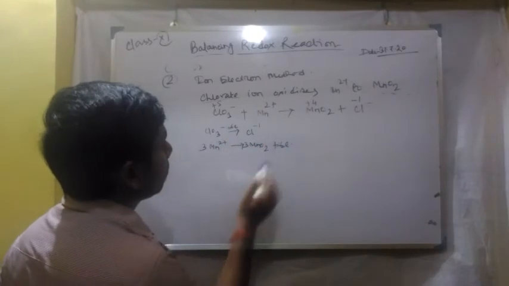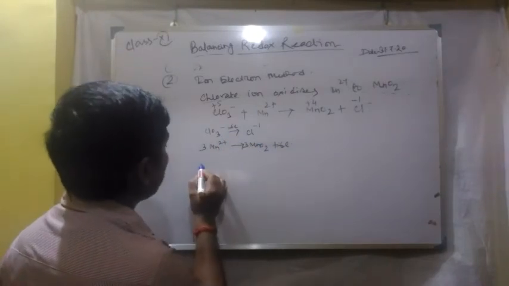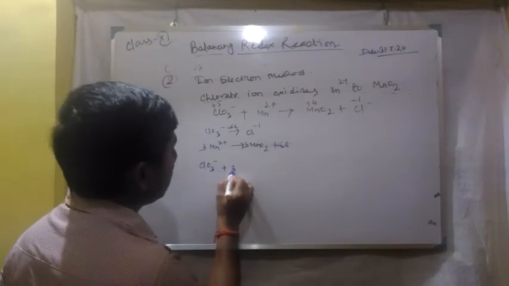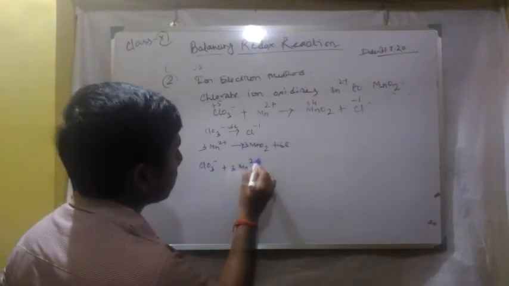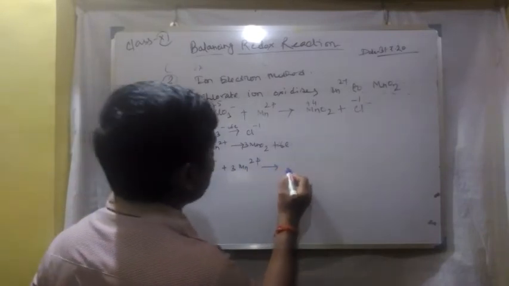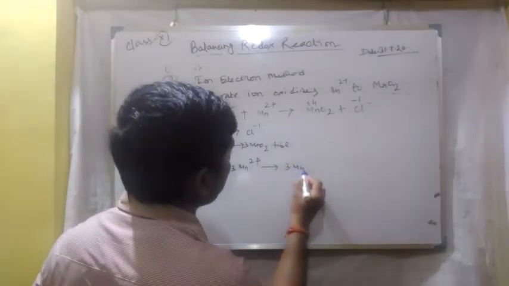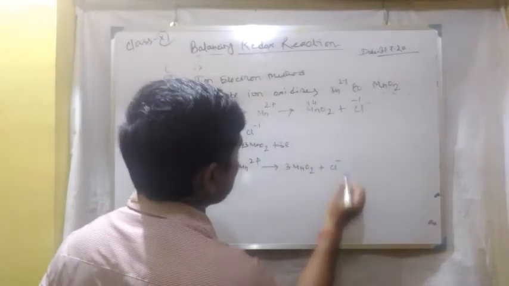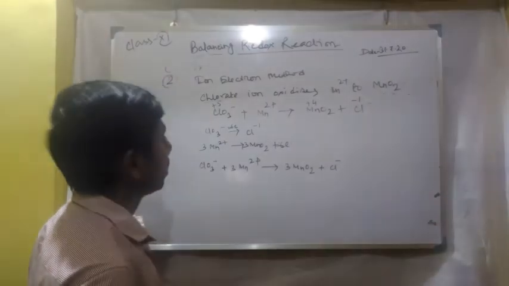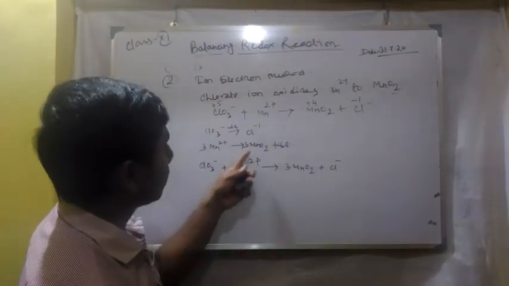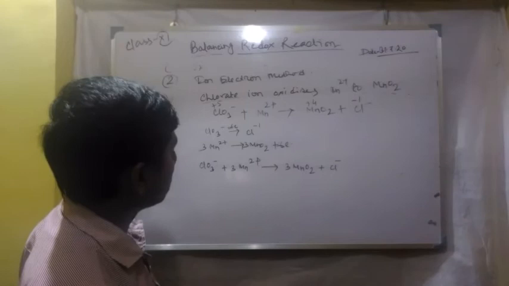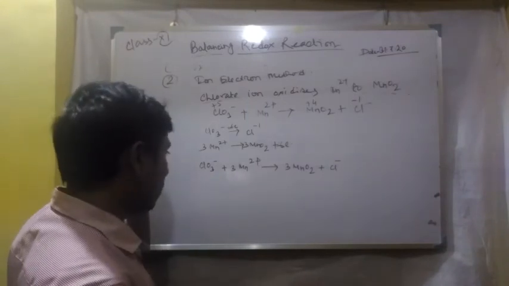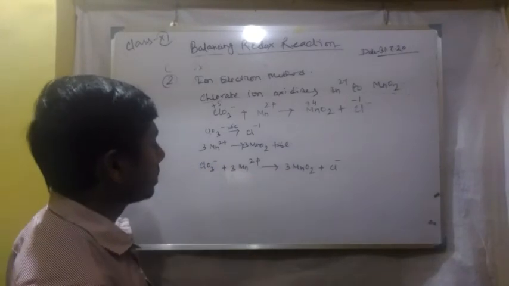Now the electrons become the same, so the reaction becomes ClO3 minus plus 3Mn2+ arrow 3MnO2 plus Cl minus. Now see that oxygen here is 3, here oxygen is 6.